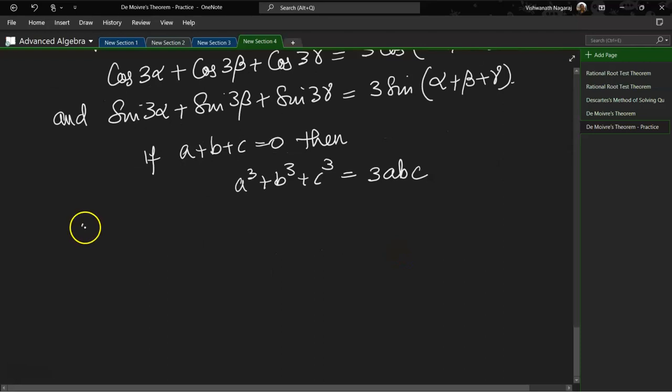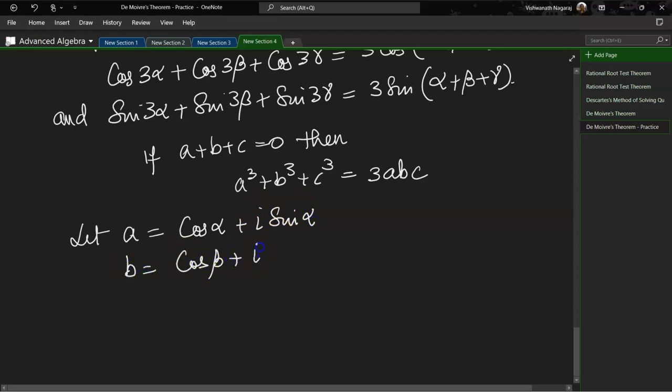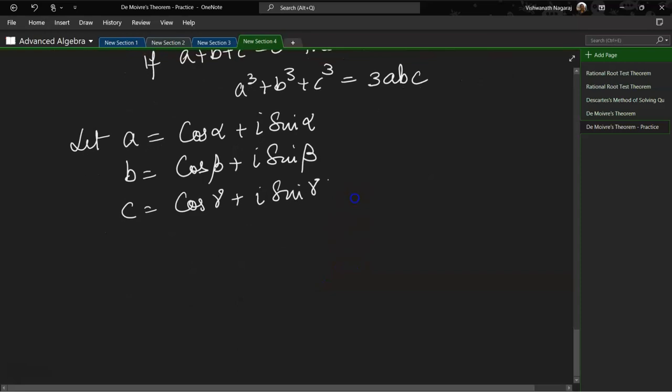So let a is equal to cos alpha plus i sin alpha. B is equal to cos beta plus i sin beta. C is equal to cos gamma plus i sin gamma. Okay, and let's do the substitution here.